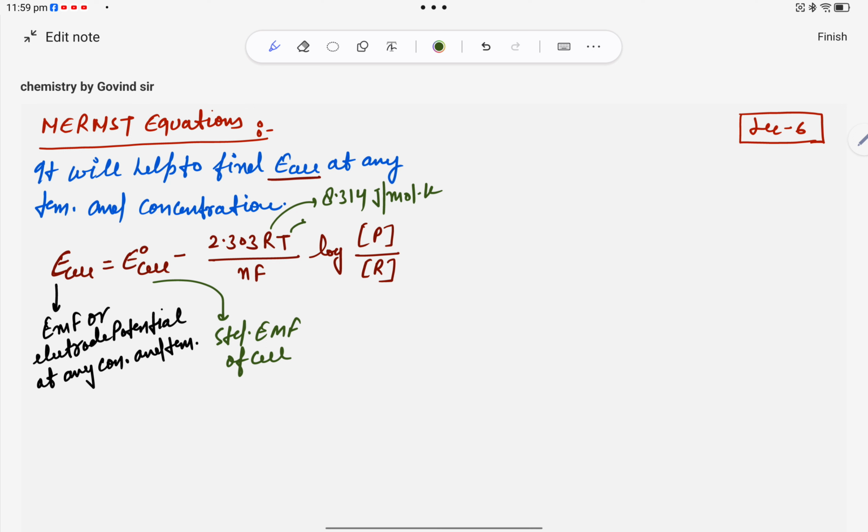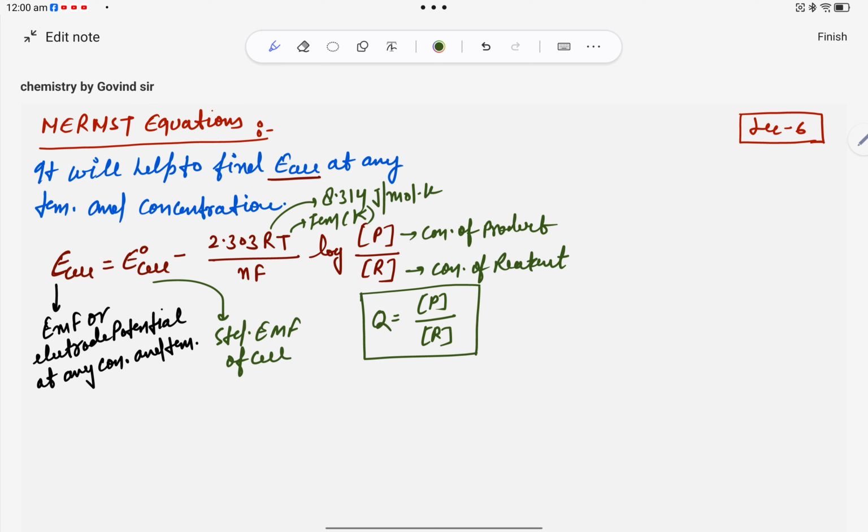T is temperature, and it should be in Kelvin. P is the concentration of product. R is the concentration of reactant, or you can write Q at this place. So Q is equal to concentration of product upon concentration of reactant. Q is called the reaction quotient.